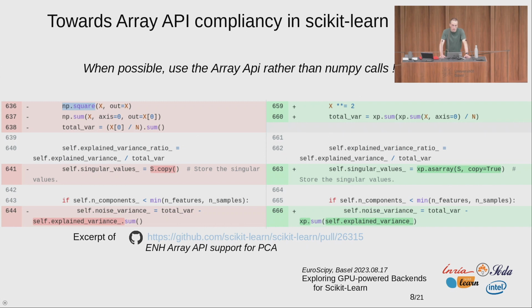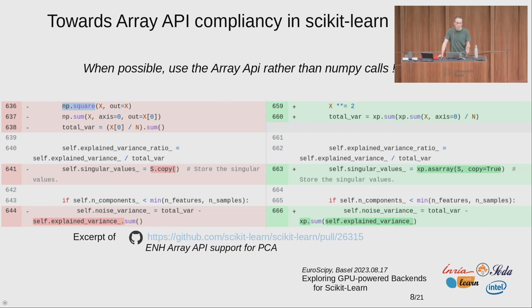Okay, so let's get back to scikit-learn. How can the array API help in bringing support for other compute backends to scikit-learn? Well, in scikit-learn, almost all estimators on their fit, predict methods, etc., take NumPy arrays as input, and a lot of scikit-learn code only consists of NumPy calls.